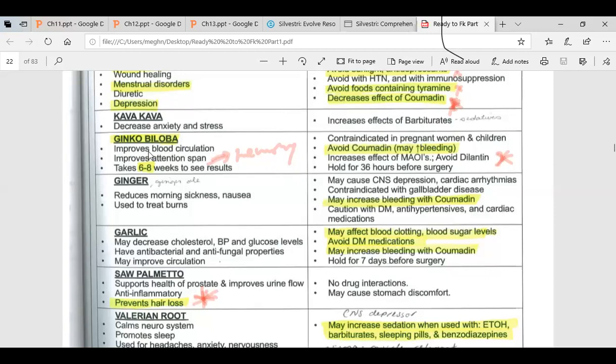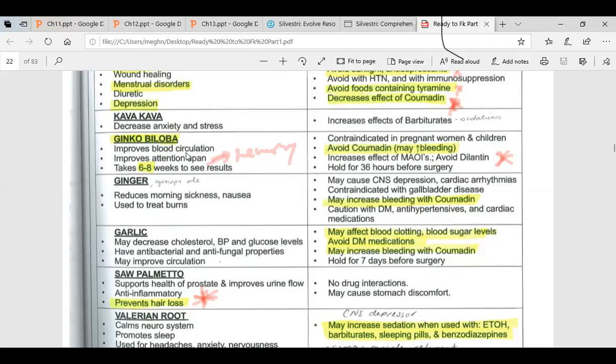Then ginkgo biloba. In my school, one of the students I know took ginkgo biloba, and she got the high score in 2 exams. Then all of the class thought she was taking this medicine, so she got the highest number, and then everybody started taking ginkgo.